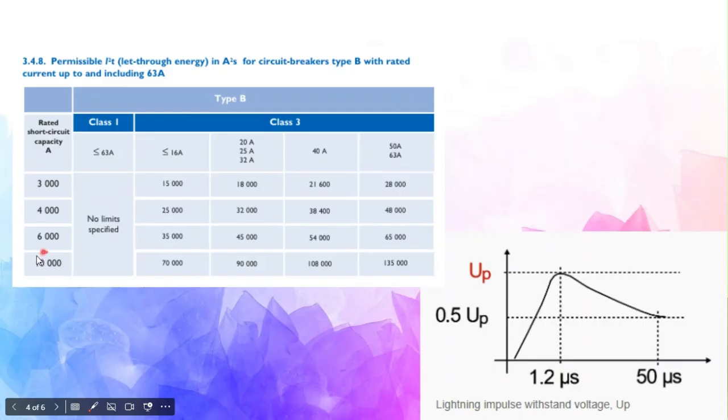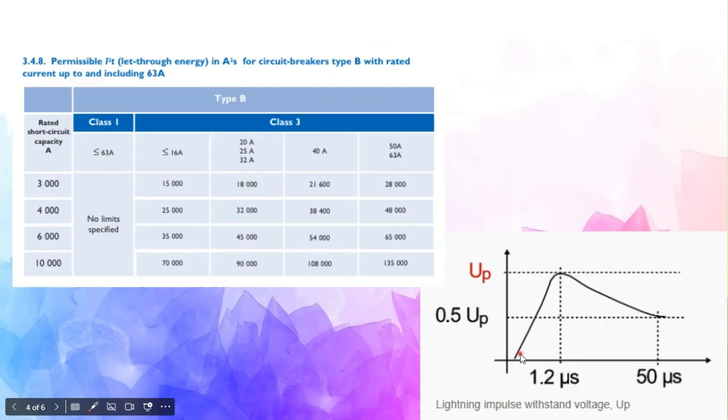So in our case, it is a 10 kiloampere short circuit capacity, and let's say the nominal current IN is less than 16 ampere, then the let-through energy will be 60 kilojoule. That's how it is defined. But this parameter is really not that important because almost all the manufacturers make the MCB which is of class 3. So nothing to think on it.